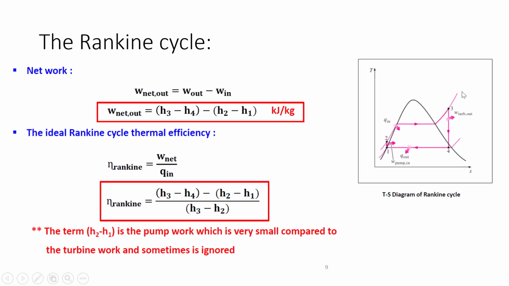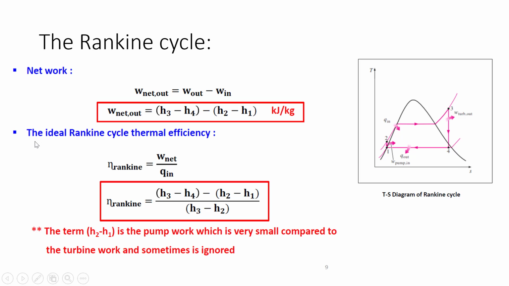So work out is H3 minus H4, and work in is H2 minus H1. Since net work is work out minus work in, we get H3 minus H4 minus (H2 minus H1).